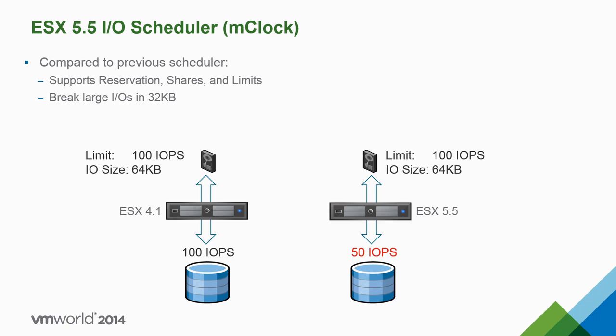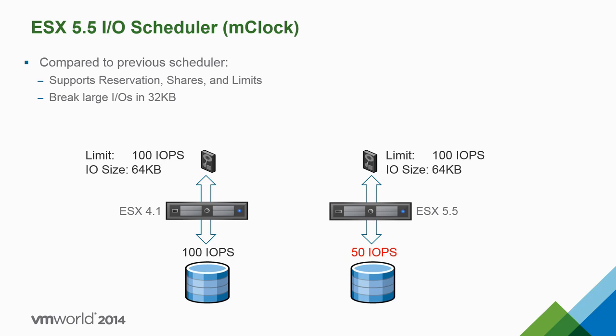So let's look at some of the other characteristics of the new scheduler. I already told you about the reservation, which is a new feature in the new scheduler. The other thing that has changed in the new scheduler as opposed to the old one is the accounting of IOs. In the old scheduler, each IO was counted as 1. Like, if it was 4K, 64K, 256K, it didn't matter.